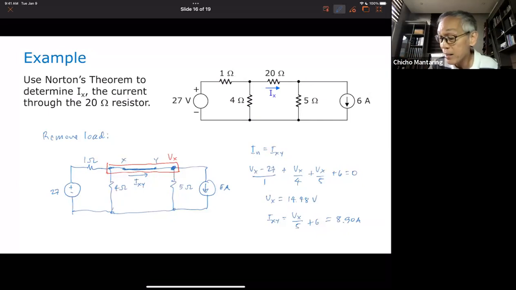If I went too fast, I convert this to a current source. And then this will be in parallel. So I put the parallel together. Then I convert it back to a voltage source. And then this one I convert to a voltage source. Then I'm going to end up with just a single loop circuit, and I can easily compute for IXY.